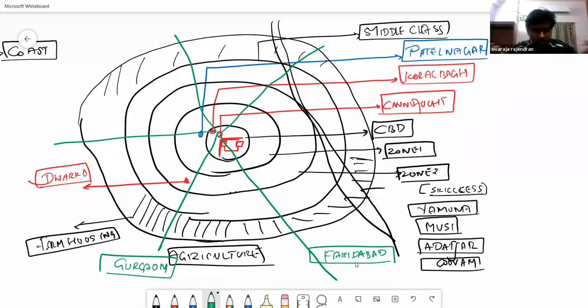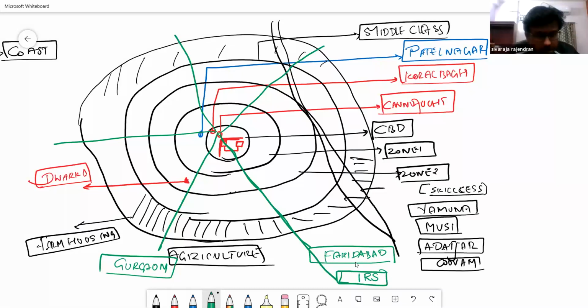We discussed satellite towns in the sense that when a congested zone is getting fully occupied, people should be taken outside. The metro runs from here to Faridabad.